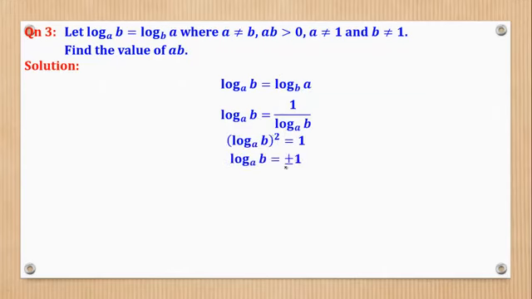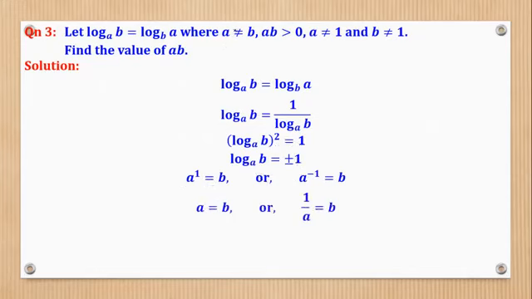Then put square root on both sides, you'll come up with plus or minus 1. So it means that there are two options. Either a to the power negative 1 is equal to b, which is this, or a to the power positive 1 is equal to b, which is this.